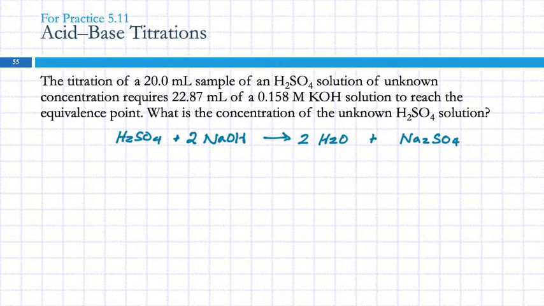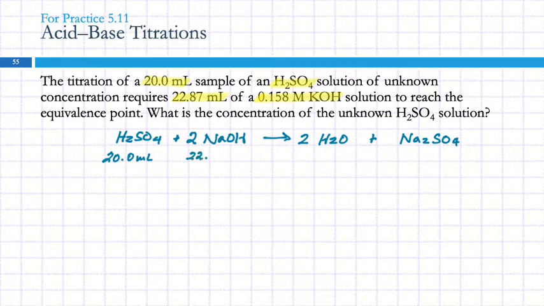Now I can take the numbers from the problem and write those under the formulas in the equation. So it tells me that there's 20.0 milliliters of sulfuric acid solution. We don't know what the concentration is.